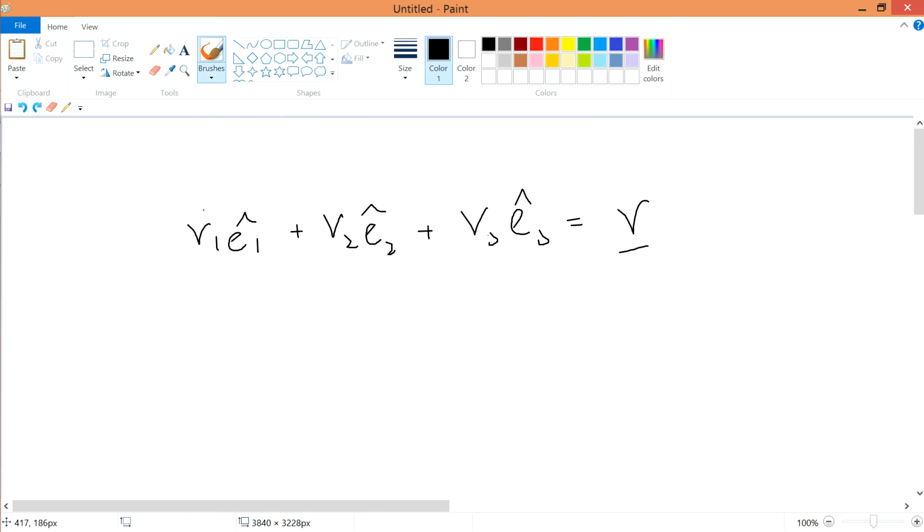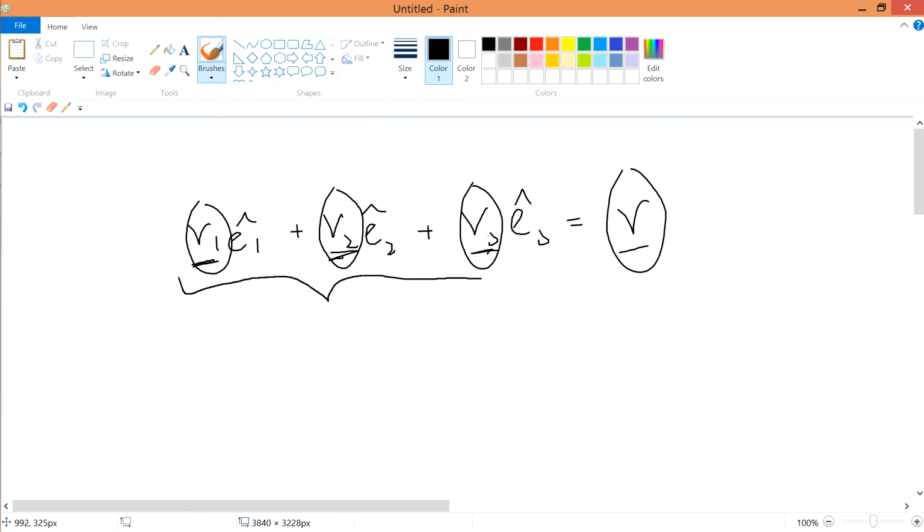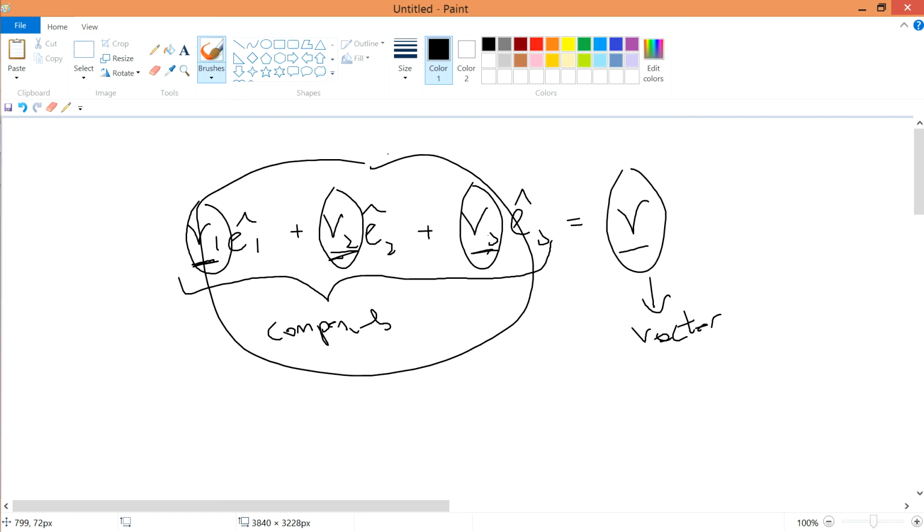Take note that v1, v2, and v3 are simply scalars, in other words, they are the components of the vector. So what builds up the vector are these components. This is the meaning of that.